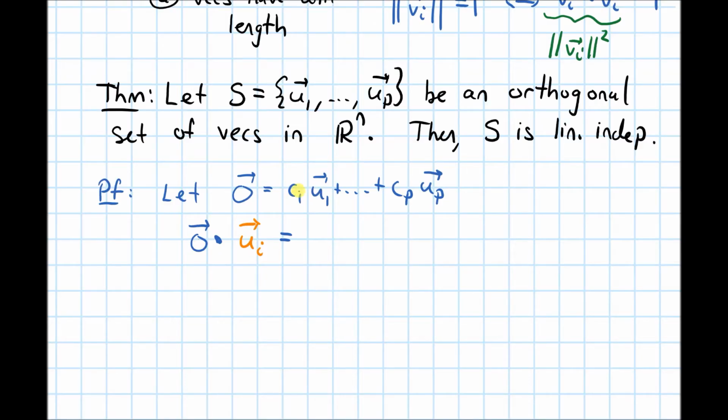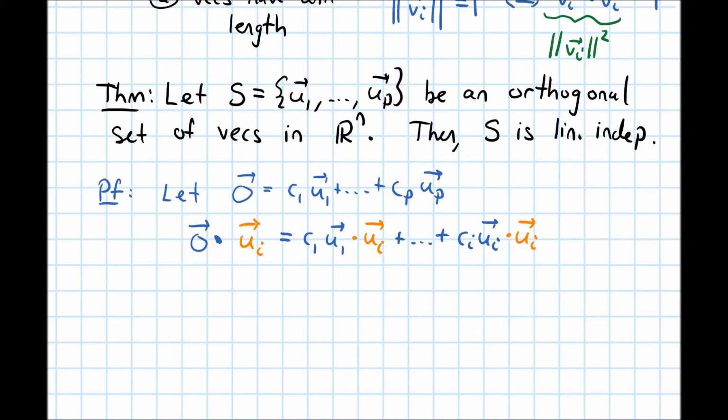On the right-hand side, when I dot it with u sub i, that u sub i is going to distribute to all of these terms. So I'll get c1 u1 dotted with u sub i, and I keep going like that for all the terms. Somewhere in the middle, we're going to have the term ci ui, that is going to get dotted with u sub i.